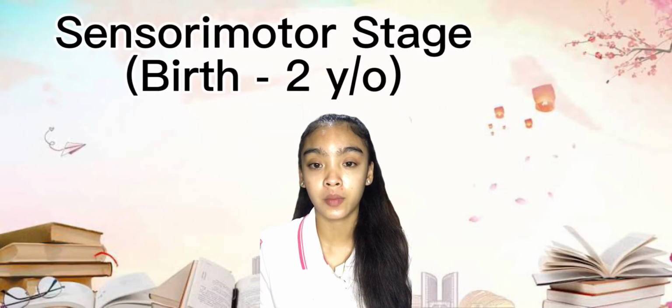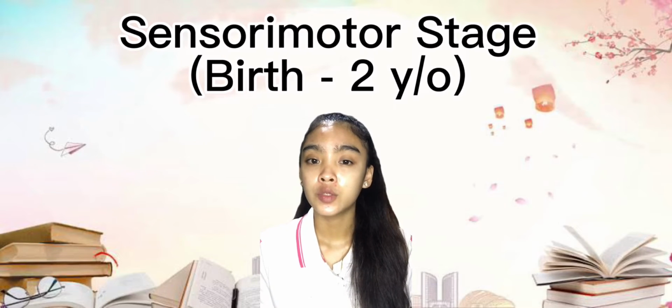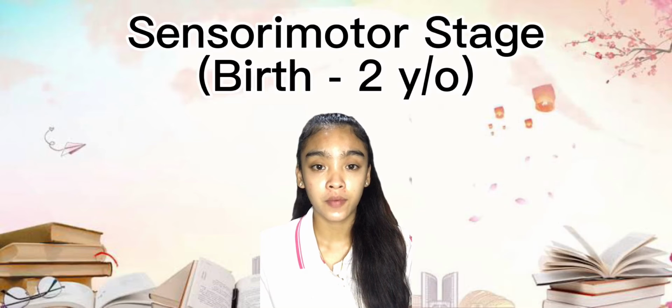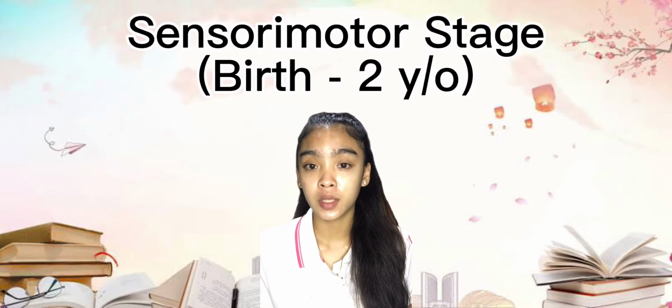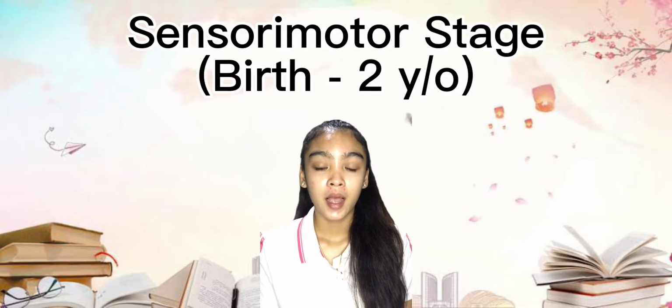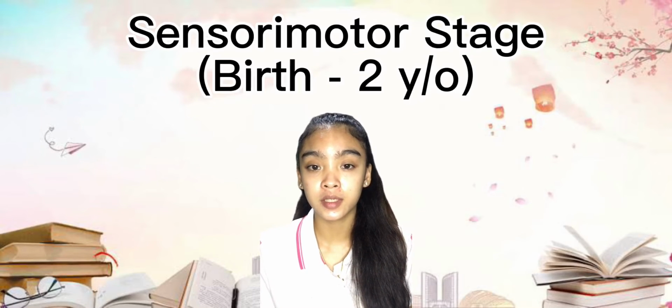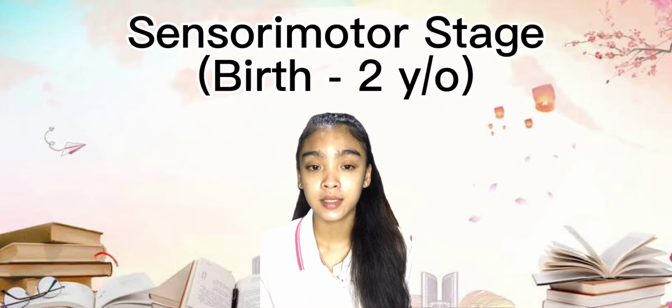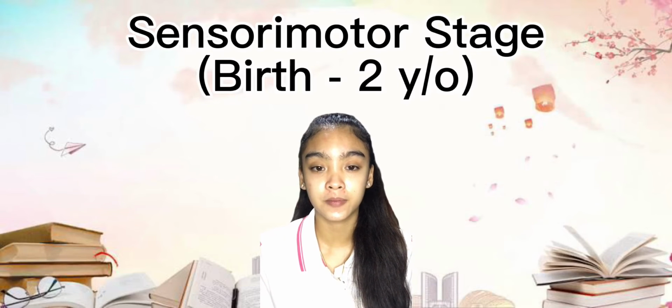So, the first stage is the sensorimotor stage. During this earliest age of cognitive development, infants and toddlers acquire knowledge through sensory experiences and manipulating objects. A child's entire experience at the earliest period of this stage occurs through basic reflexes, senses, and motor responses.